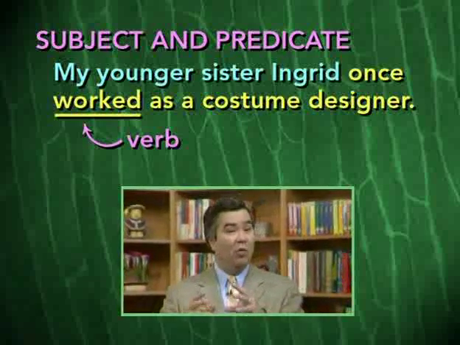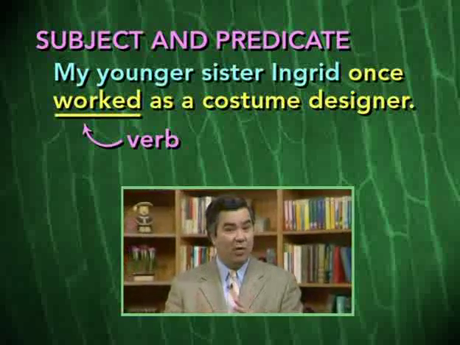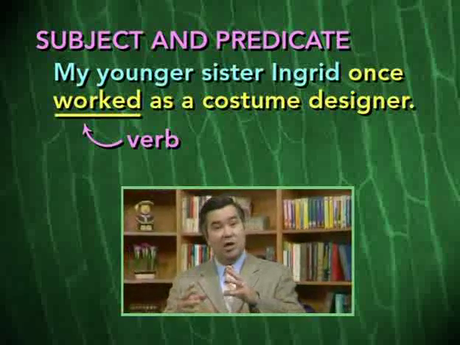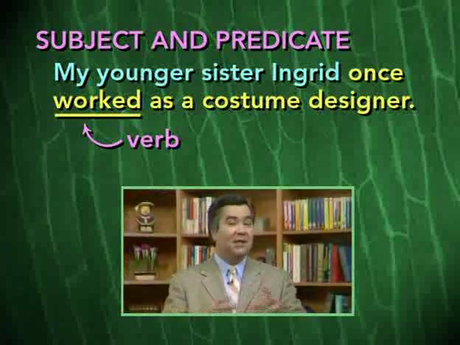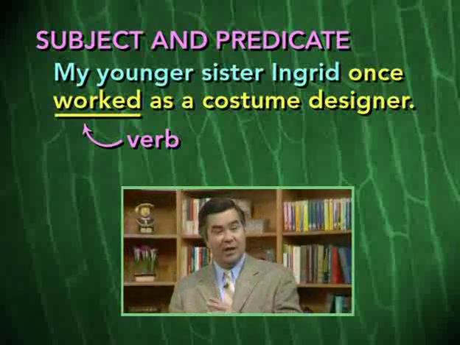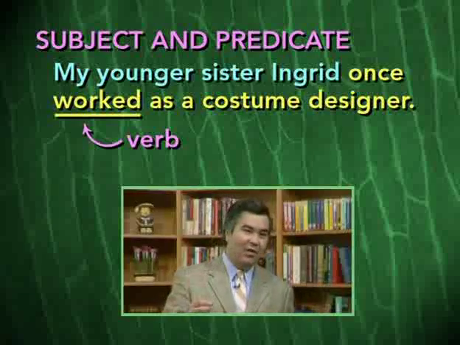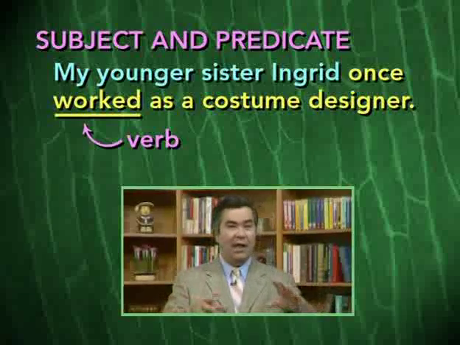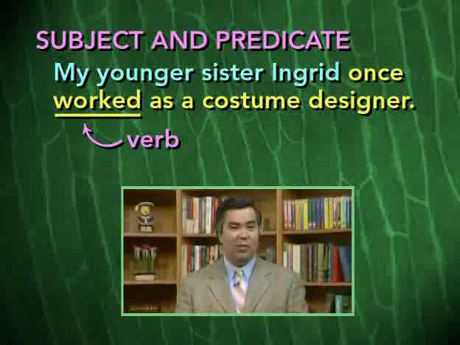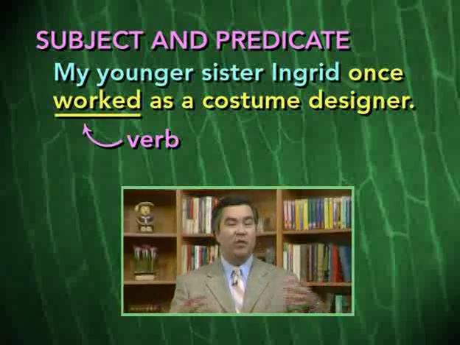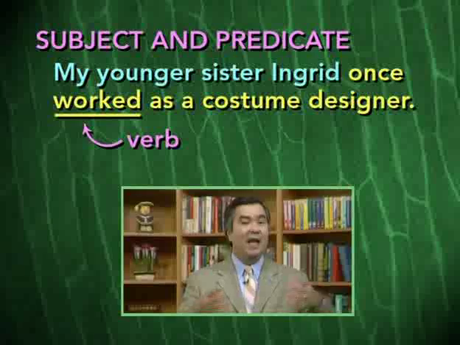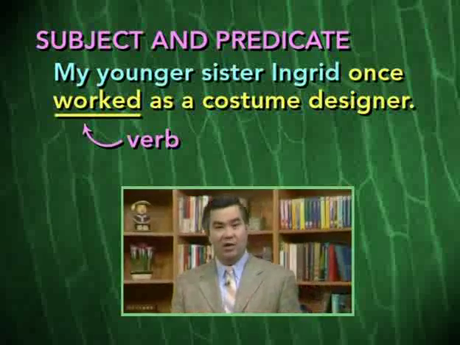But the word worked is the most important word. It's the verb. So the heart of this sentence is the subject and the predicate, and in particular, the one-word simple subject and the verb. Ingrid worked. And all the other words in the subject and the predicate are there to give us more information about how and when and at what Ingrid worked.